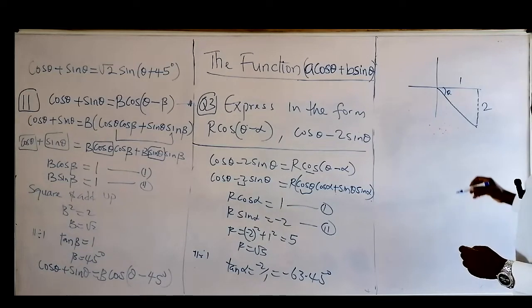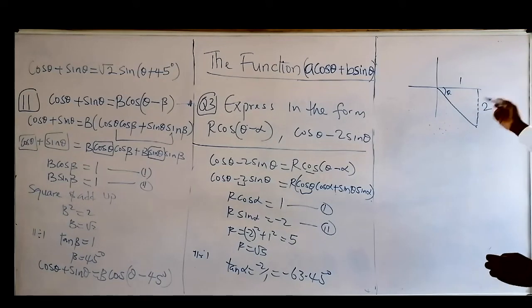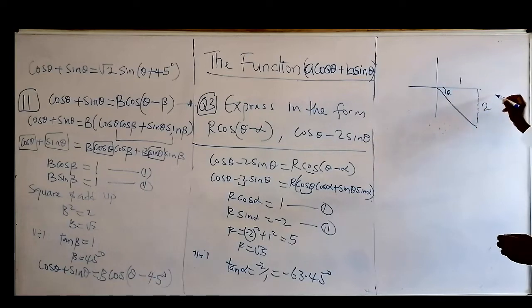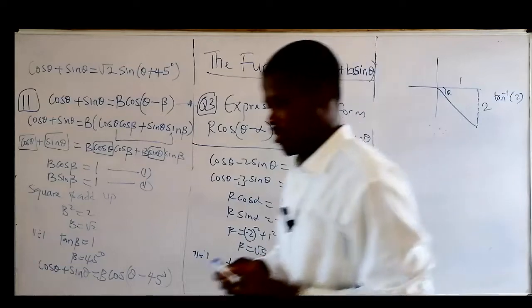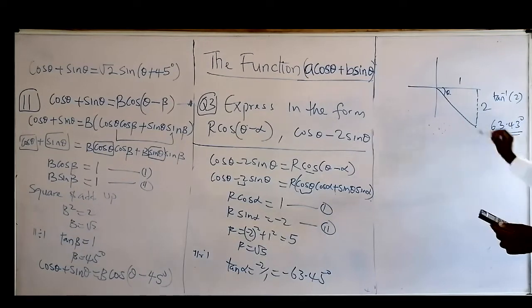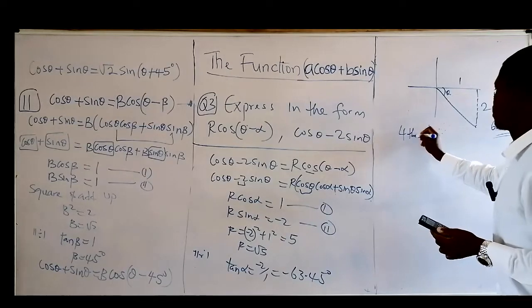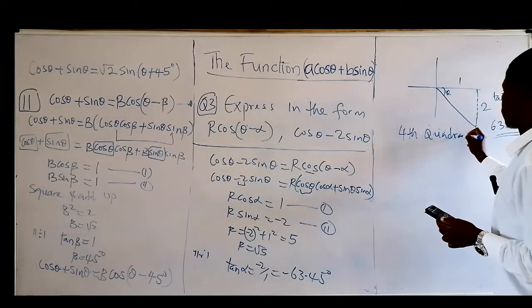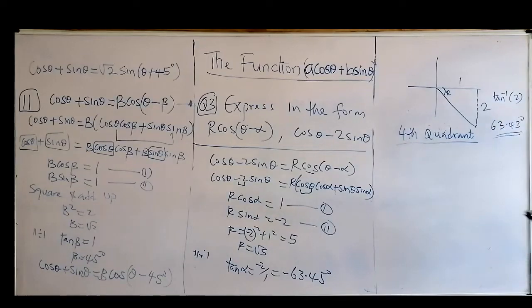Theta will be equal to arctan 2, opposite over adjacent. If you punch your calculator, arctan 2 is 63.43 degrees. So theta is in the fourth quadrant. That's that on that question.